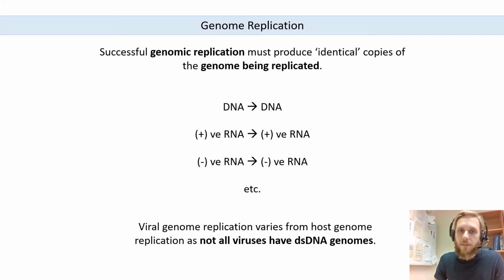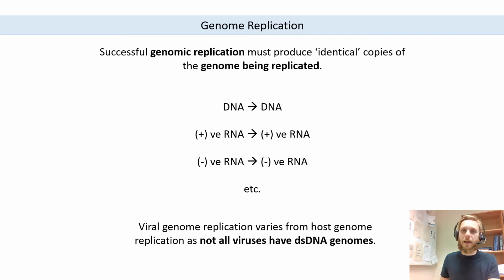This is where we need to take just a slight aside to make sure we actually understand what we mean by genome replication. So we probably understand genome replication to mean making copies of the genome, and that's fundamentally right. However, we need to define what we mean by copy, and what we mean by copy is a copy that is in exactly the same format.